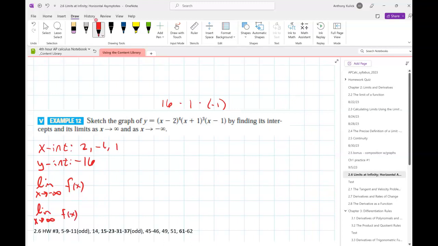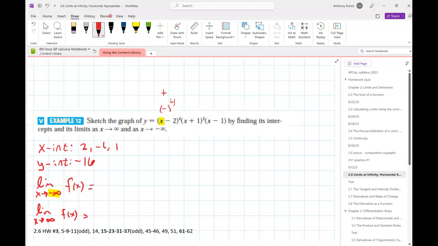Okay. To do this limit, I'm just going to think about it the same way that we just did when I was deciding whether negative infinity or positive infinity. Okay? So imagine I'm picking a very negative value and plugging it in for x. A very negative number minus 2 is still negative, but we're putting it to the fourth power, so it's positive.